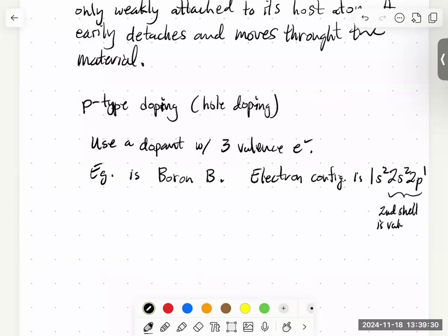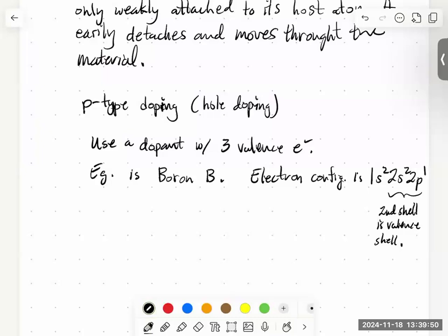We said silicon was the 14th element. Does anyone know what the 13th is? It's aluminum. And so you can dope silicon with aluminum.